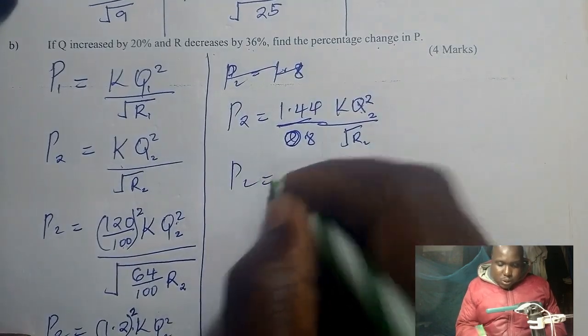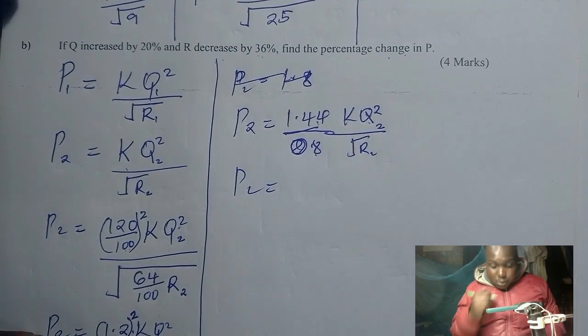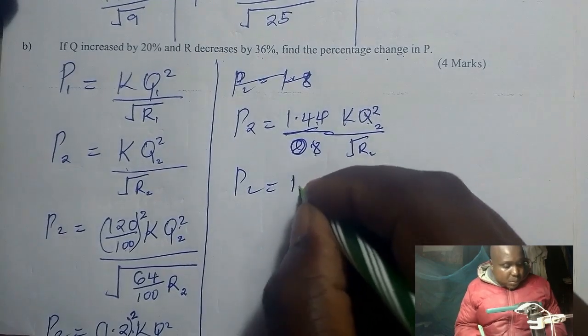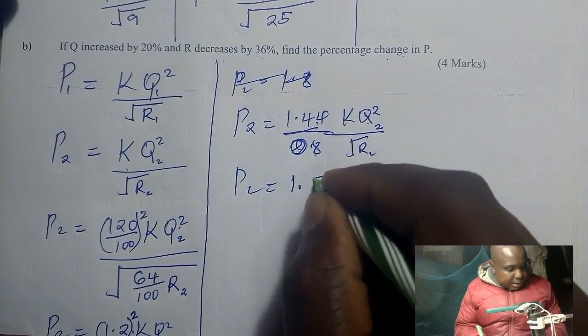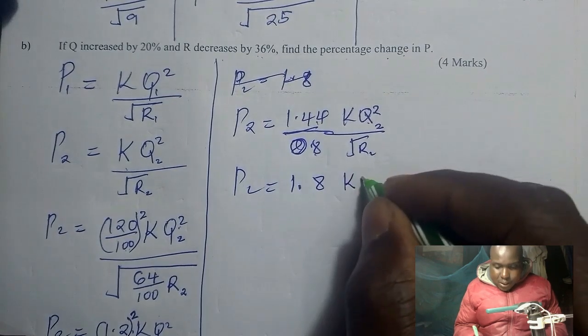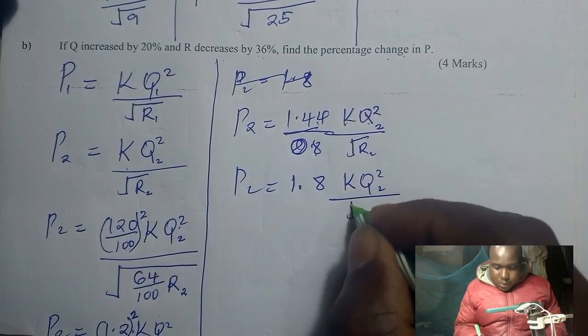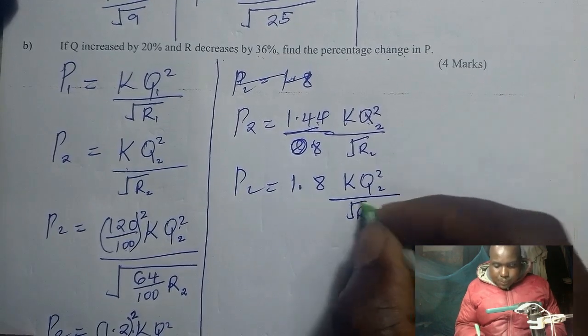So P2, you divide by this, 1.44 divided by 0.8, you get 1.8. So P2 is 1.8 K Q2 squared divided by root R2.